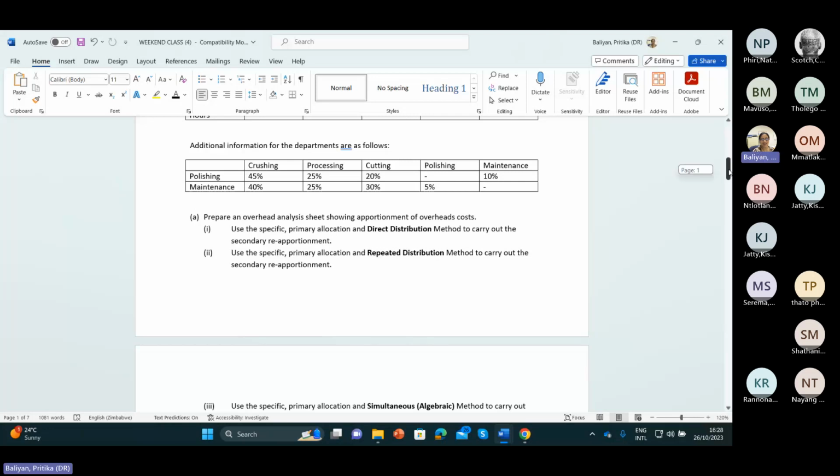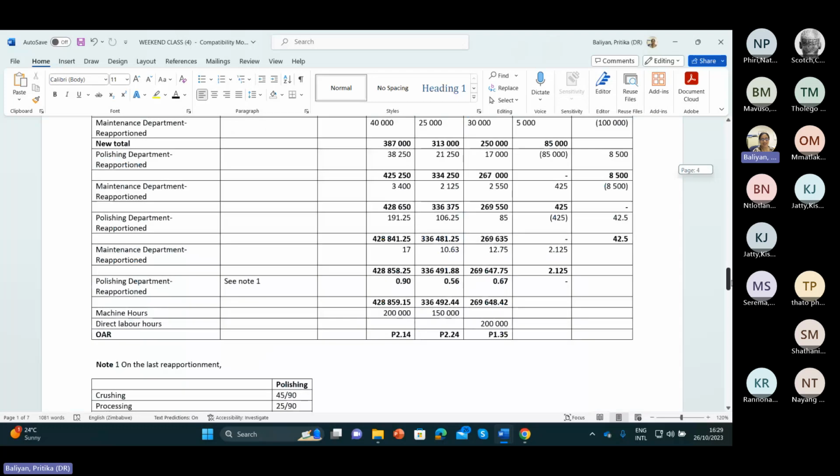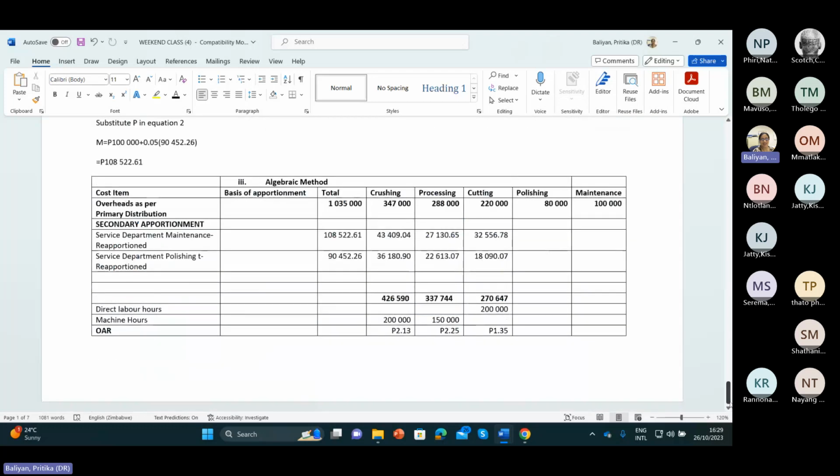The maintenance department works 40% for crushing, 25% for processing, and 30% for cutting department. So we apportion accordingly. We start with the maintenance department first, because the maintenance department cost is higher compared to the polishing department.